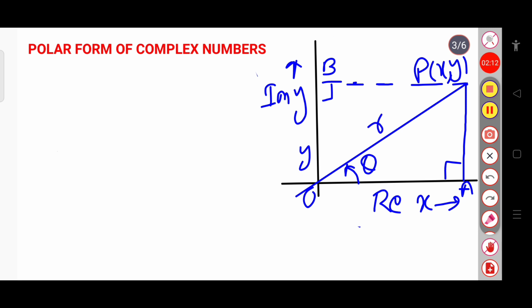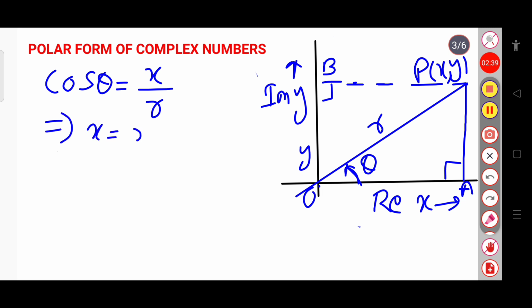Now we can write cos theta equal to B by h. If this angle is theta, then its front side will be the perpendicular, and this OA part is the base. So cos theta will be x divided by h, where h is OP, that is r. So cos theta equals x by r, or x equals r cos theta.